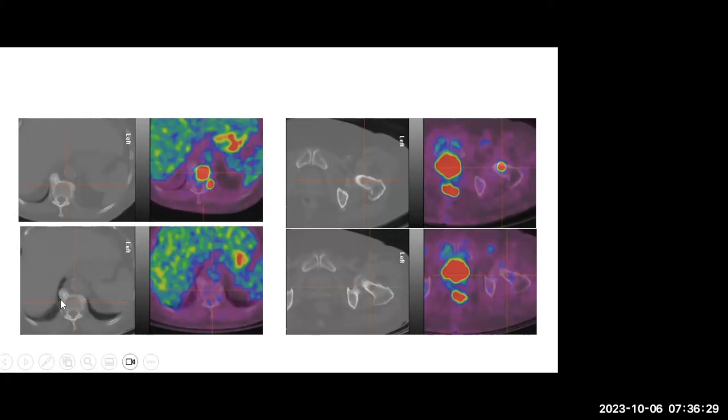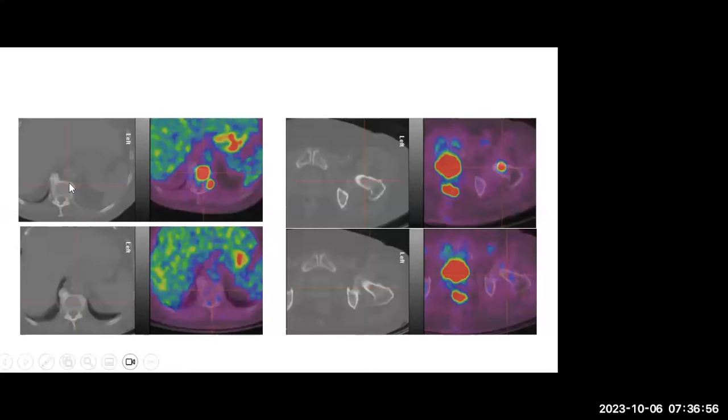At the baseline scan, in this vertebral body, you can see no abnormality. There is no CT abnormality, no abnormal uptake. In the follow-up, the CT still shows nothing. But look at this. Now, at least at this level, there are two very intensely avid lesions consistent with metastatic disease, regardless of what the CT shows.